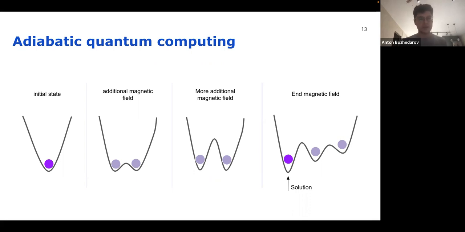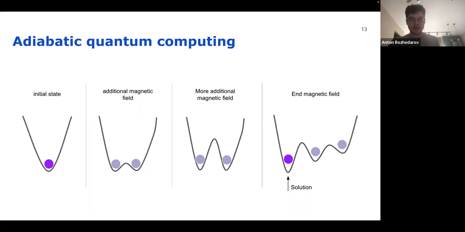For example, when we have a very strong magnetic field that lies along the x-axis, and we have a lot of spins, or magnets, put in this strong magnetic field, all these spins will align with the field and lie on the x-axis. This will be the optimal state of the quantum system.